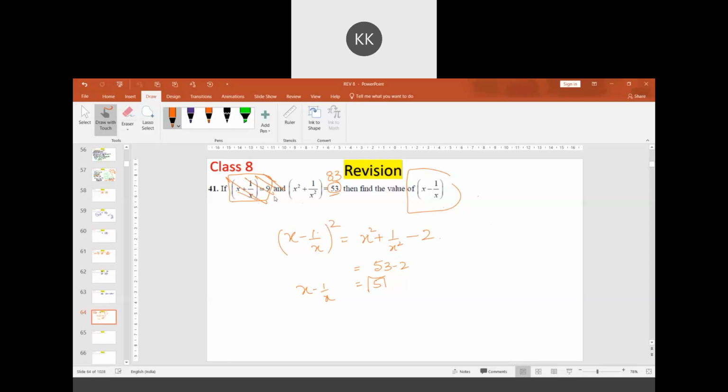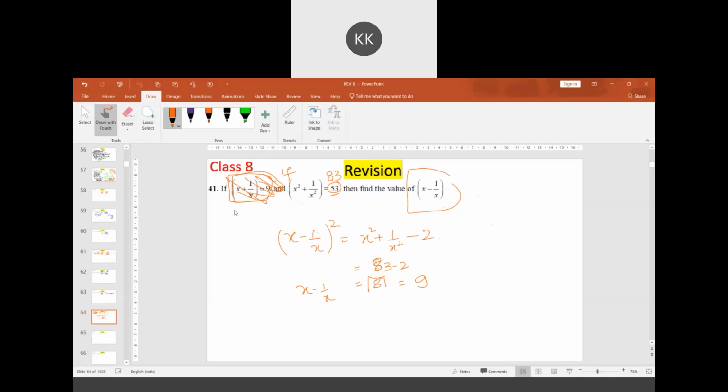They should not give the root of this; they should give only this. It should be 83.